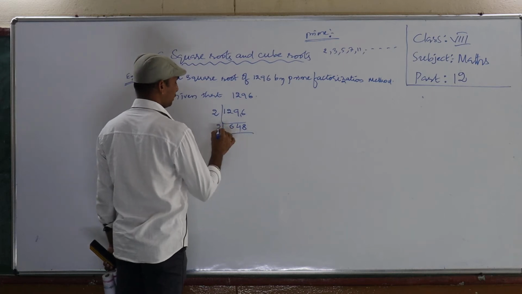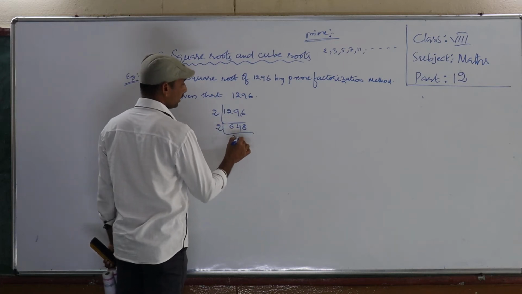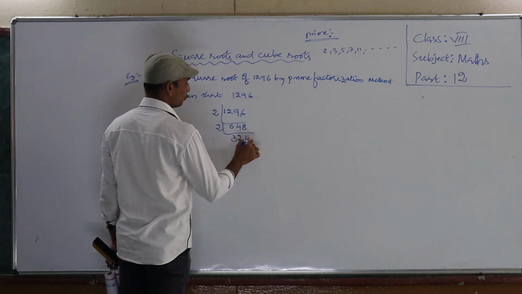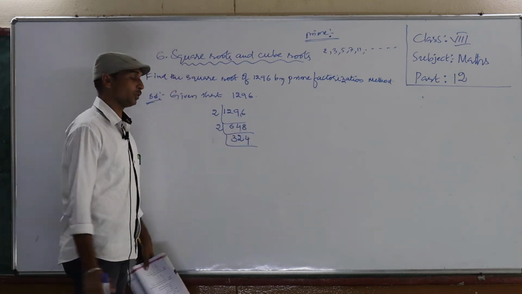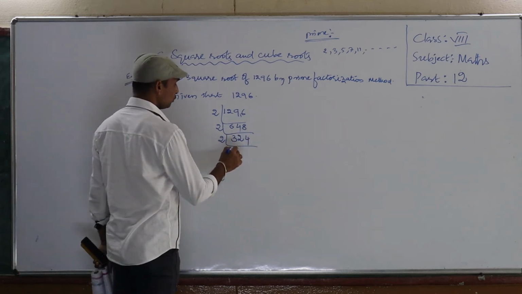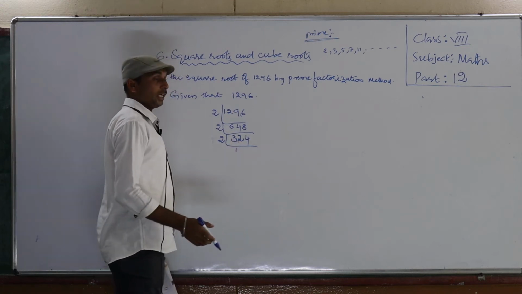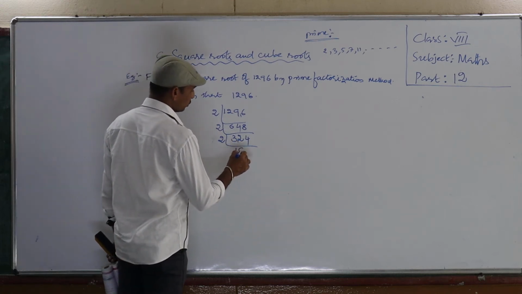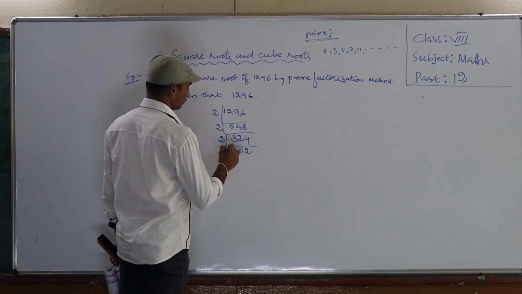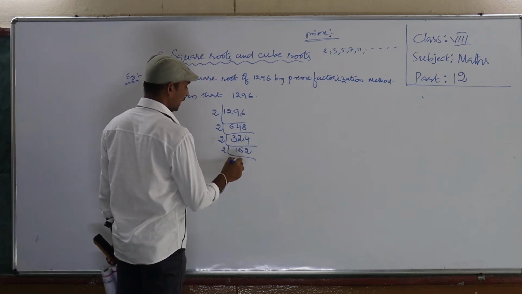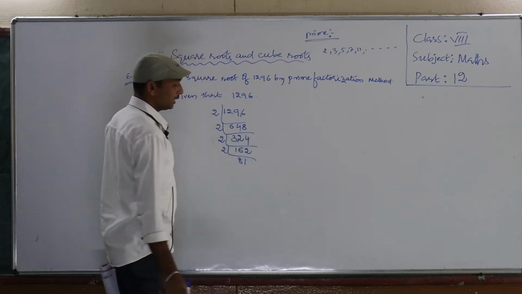Then again the 2 table. 2 1s are 2. 2 6s are 12, 2 2s are 4. Next 2 8s are 16, 2 1s are 2.